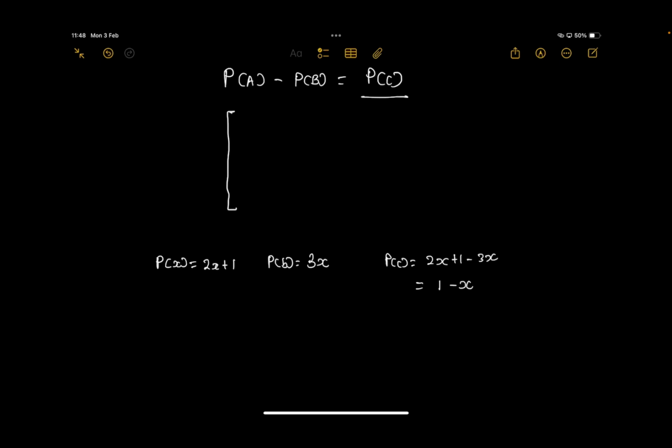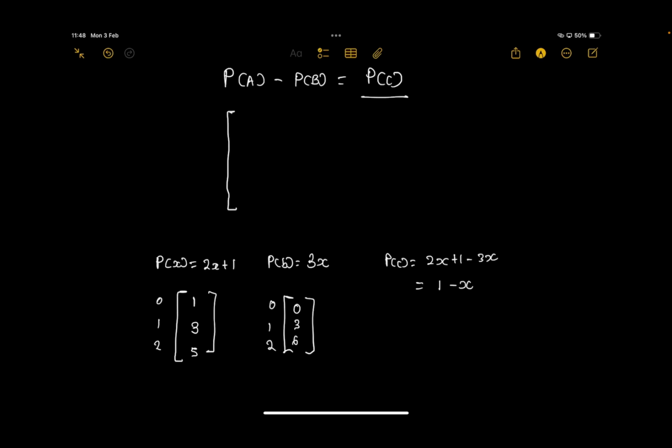Let's say the first 3 evaluations. Evaluating P of A at 0, 1, 2, and likewise for P of B.